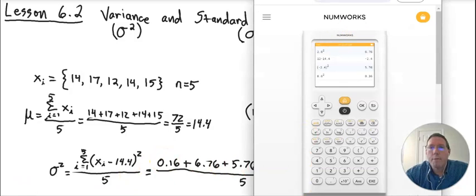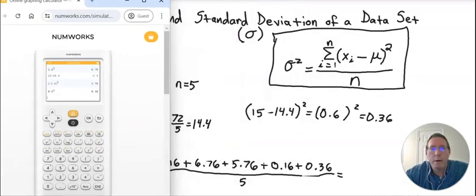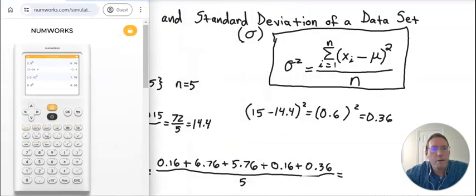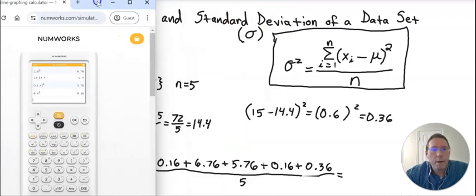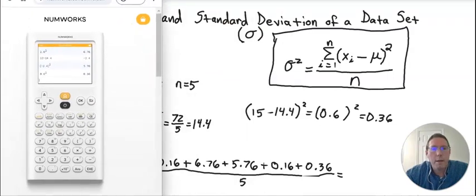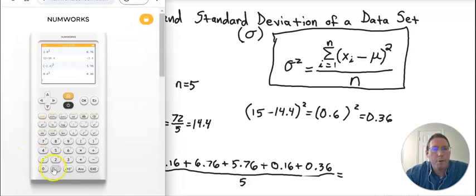Okay. All right, so I'm going to bring this actually over here. You can see all the numbers. There we go. So we're going to do 0.16 plus 6.76 plus 5.76 plus 0.16 plus 0.36.